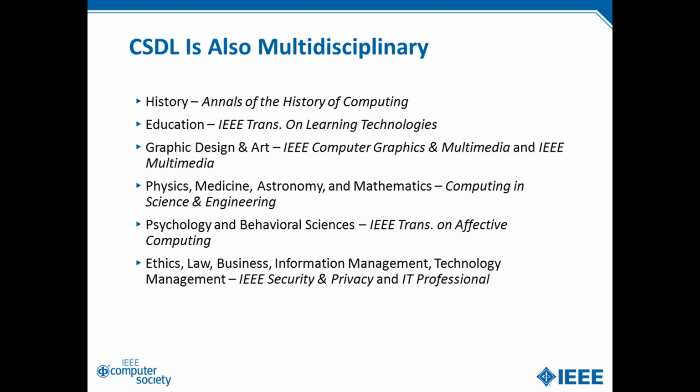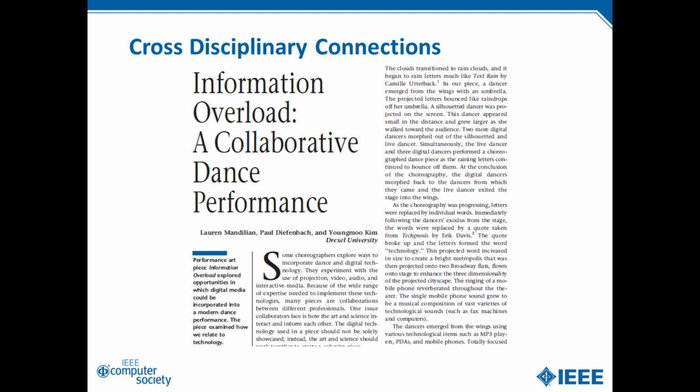Computing in Science and Engineering is cross-disciplinary for all sciences. We even get into the psychology of things with Transactions on Affective Computing, which looks at how computing impacts human behavior. And of course, security and privacy, ethics, law, business, information management; everybody's concerned about computing these days.